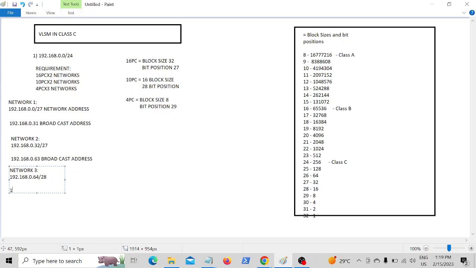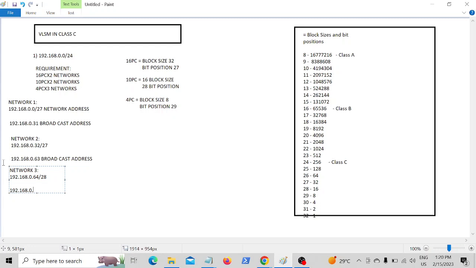Again, what is the broadcast address? 192.168.0, what will be the broadcast address? 127. How did you get 127? Sorry, I thought next will be 128 and it will be the next network, so 127 will be the last.